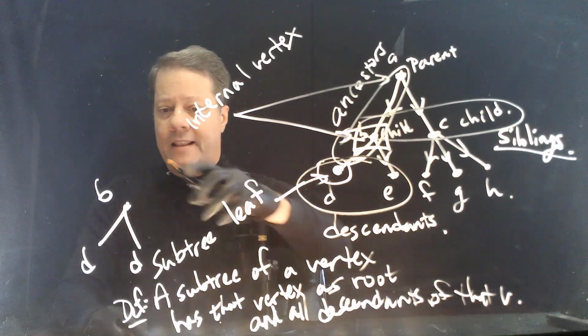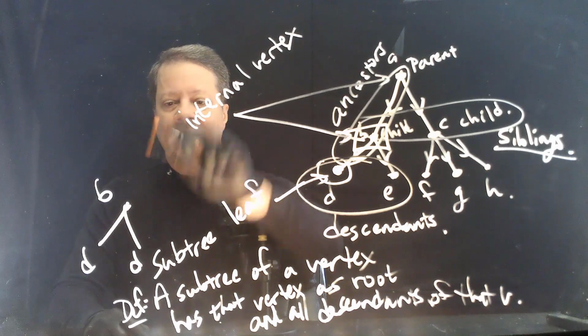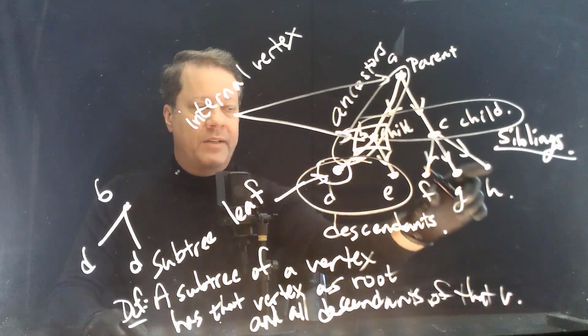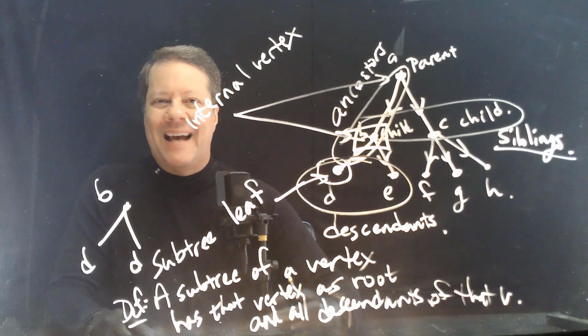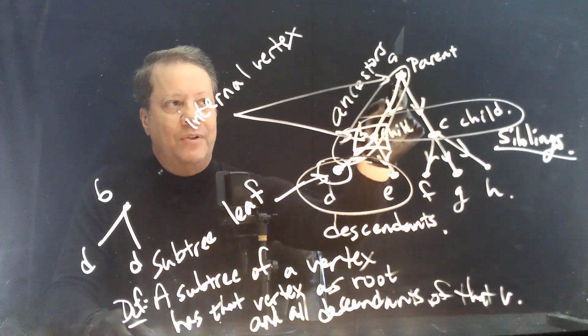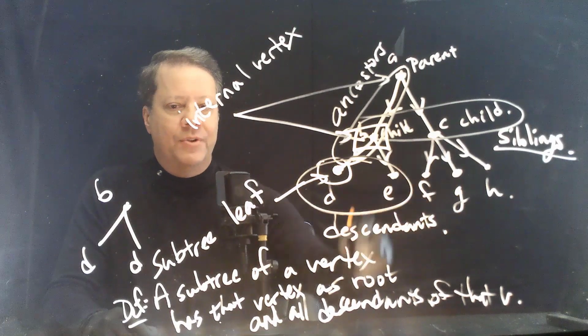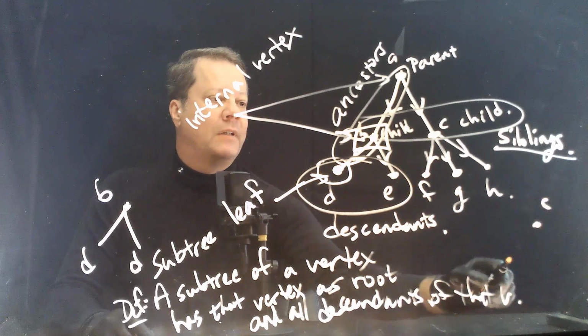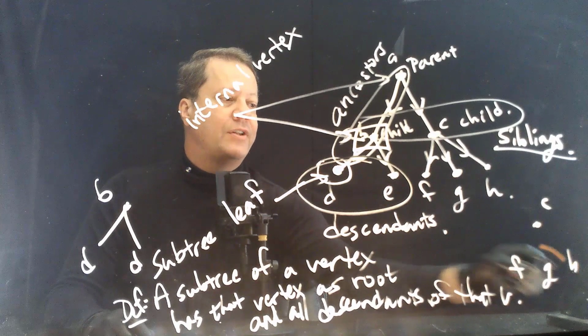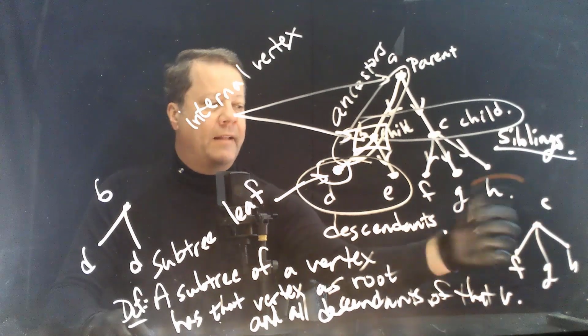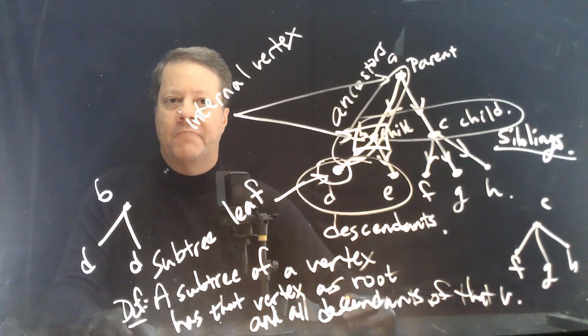So you can see that if I included A without the piece on the right, that would not be a subtree because it has to include A and all descendants. But I can choose C along with F, G, and H, and this would also be a subtree.